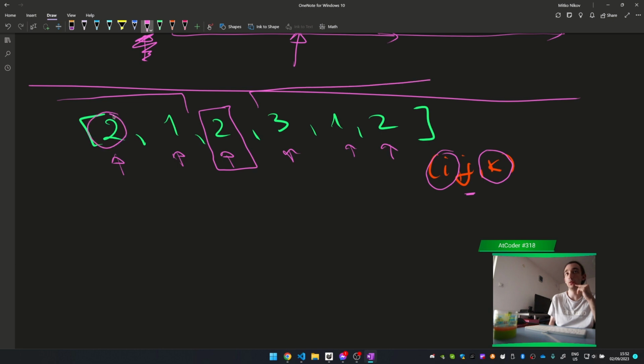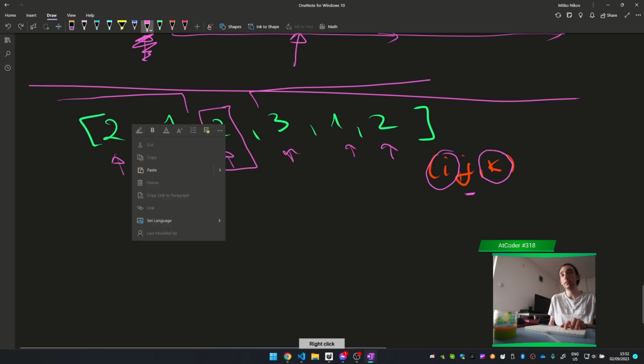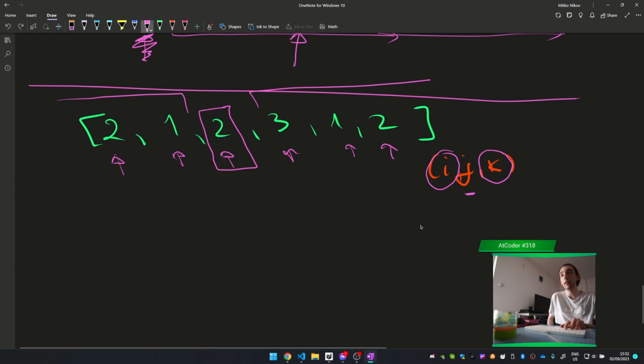So how many twos on the left side can be combined with how many twos on the right side, and how many ones on the left side, how many ones on the right. But if here it's 2, you cannot have this 2 here. So I take a look at all of them, including this equality, but then I subtract only the number that is equal to my j here.